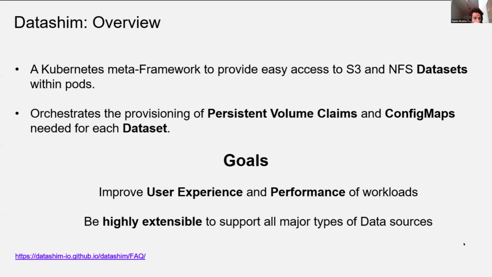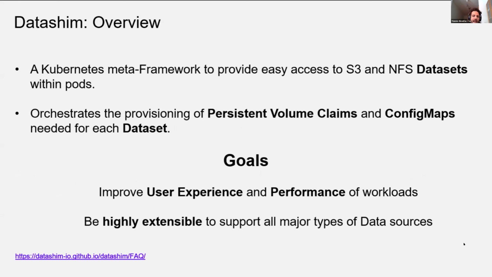So basically, it's a meta framework, and currently we have S3 and NFS datasets as first class citizens supported within the framework. We are bringing one new CRD, a custom resource definition that we call Dataset.